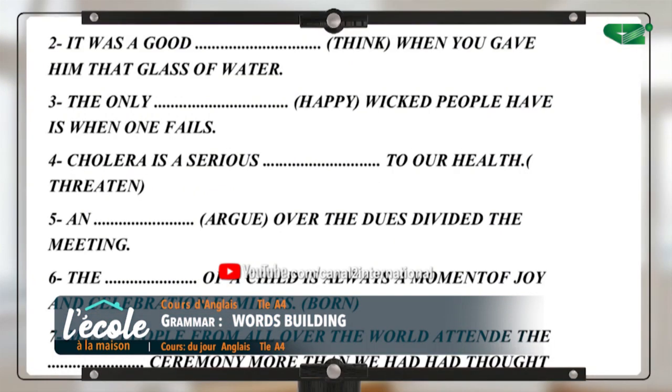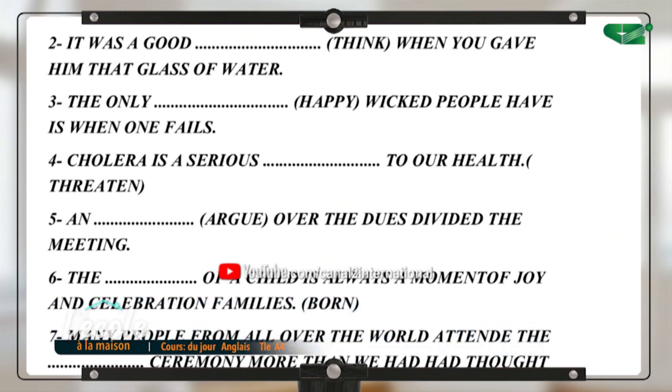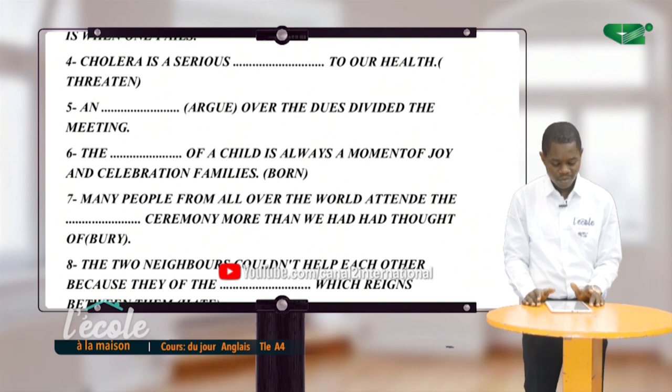Number 4. Cholera is a serious (threaten) to our health. We gave you a verb, to threaten. We want you to change the form. You give a noun. Number 5.